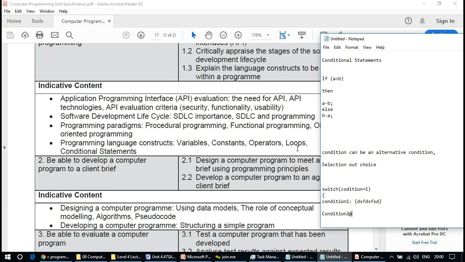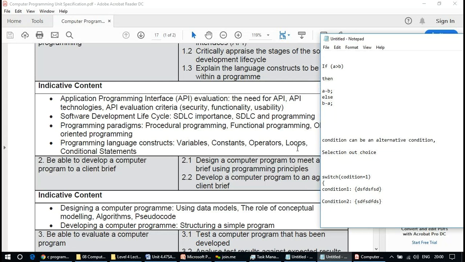Condition 2 would be executed somewhere here. Condition 3 would be executed somewhere here. Whichever condition is passed into the switch, only that particular statement would be executed.